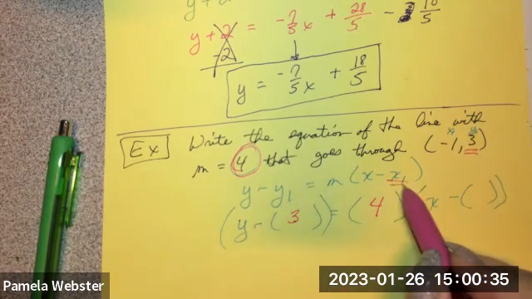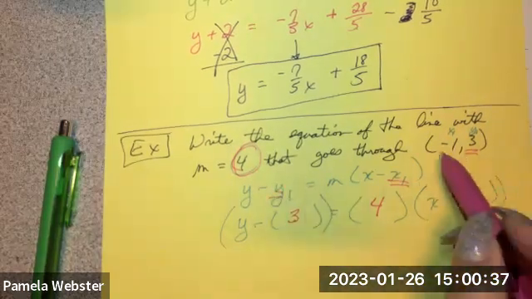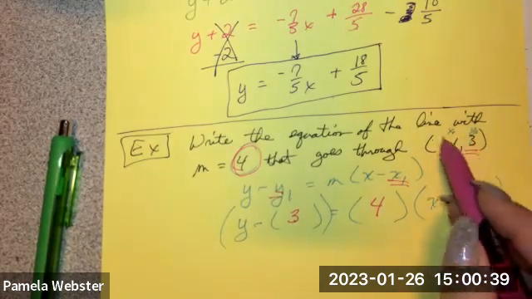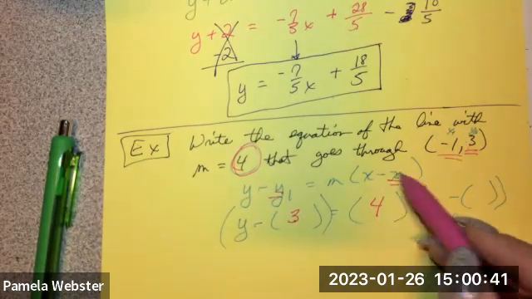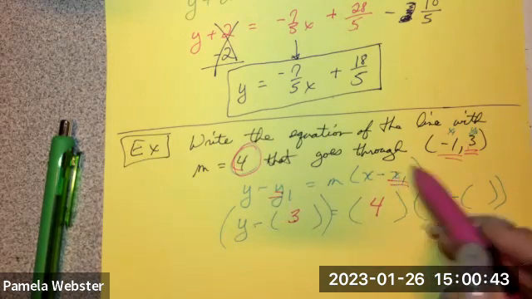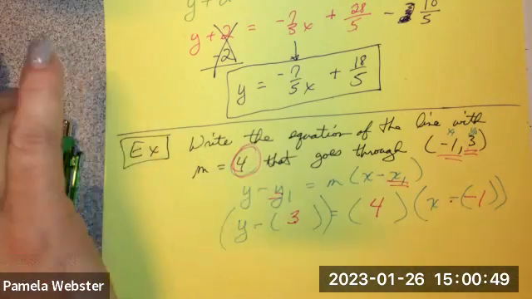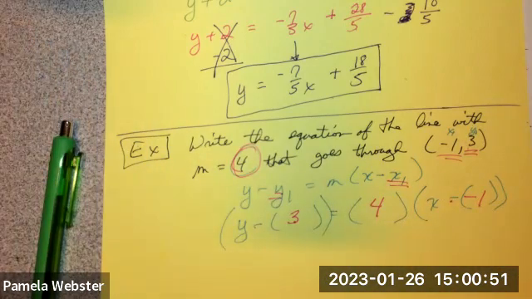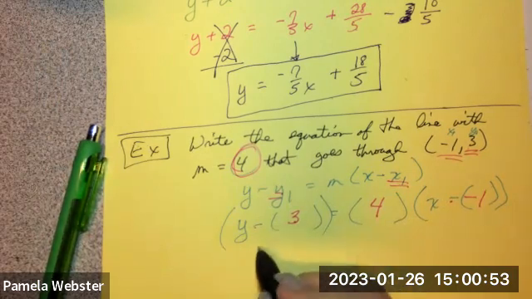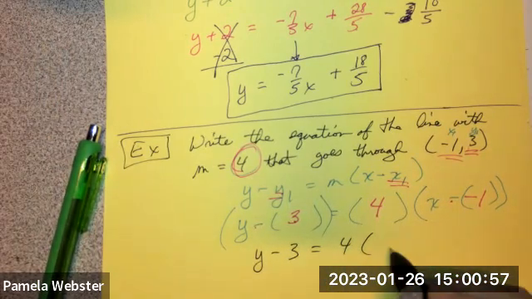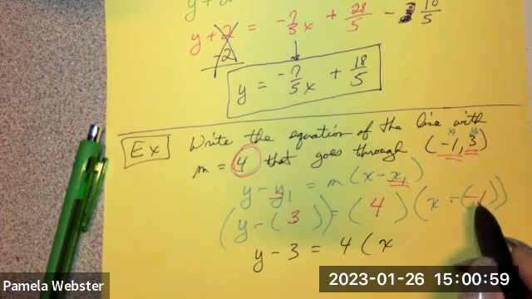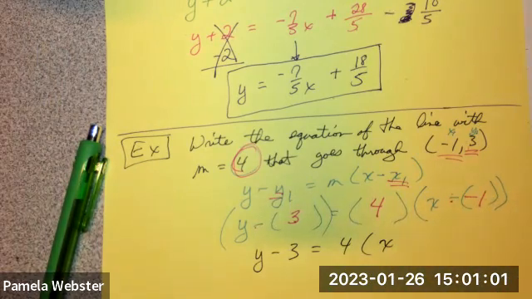And then the x1 here is a -1. There's a minus from the formula, and then I'm putting in a -1. So that's going to be a negative and a negative. So when I multiply that through, I know I'm going to have a positive. All right. So over here on the left, y minus 3 equals 4 times x. Negative and a negative is a positive, so that's x plus 1.